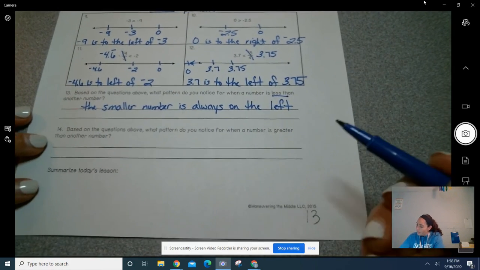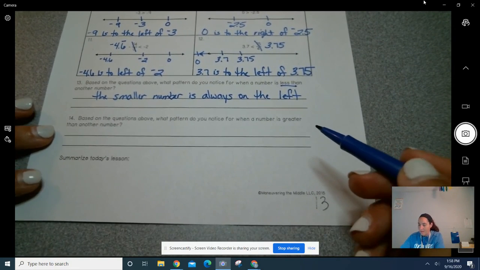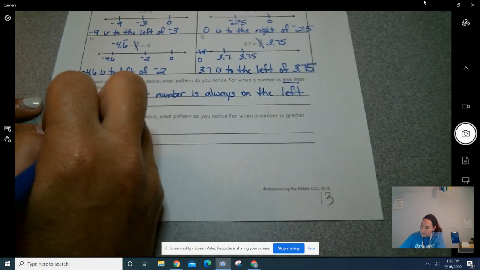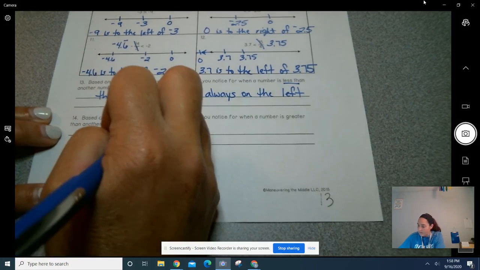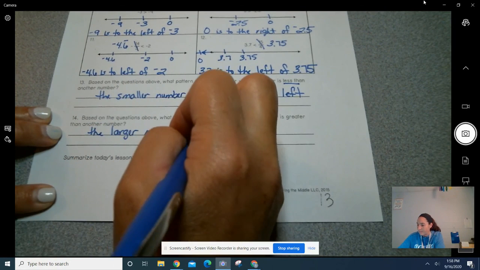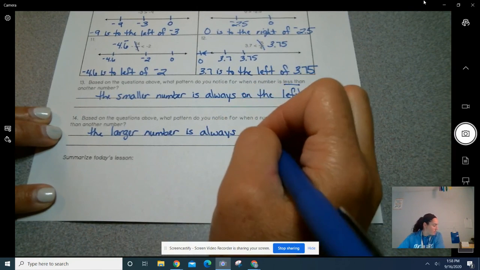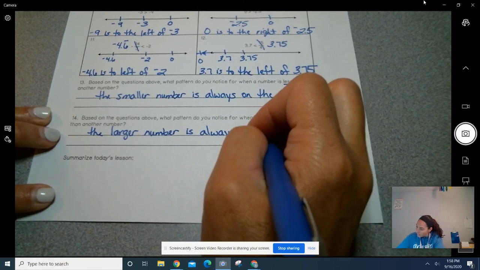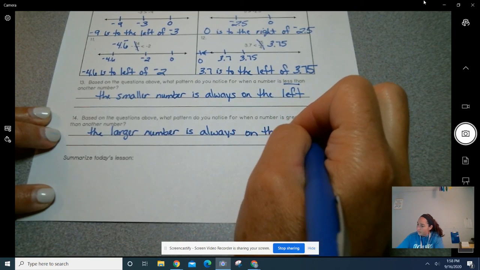Okay, what do you notice for when a number is greater than another number? Well, in this case, the larger number is always on the right.